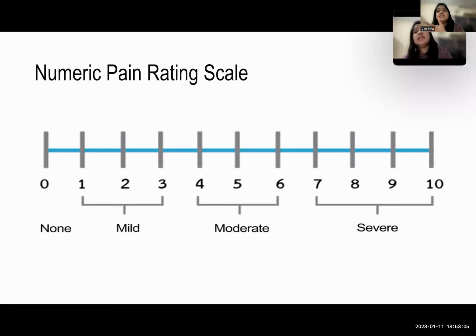So I think everybody knows the numerical pain rating scale. It is from 0 to 10, and you should always tell the patient why you are asking this NRS, because this happened in India only years back. One patient was in great distress due to severe pain, and a newly joined trainee nurse kept going to him and asking every time, what is your pain score now?